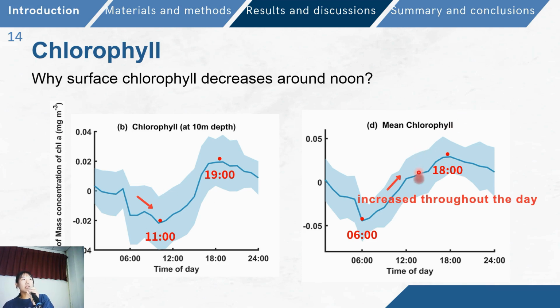Mean chlorophyll increases throughout the day and peaks at 18:00. However, surface chlorophyll continues to decrease until 11 o'clock. So if the chlorophyll decreases, mean phytoplankton should decrease, right? But it's not. The mean chlorophyll is rising.